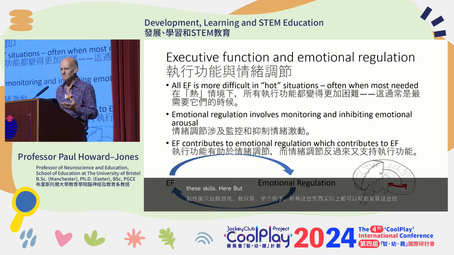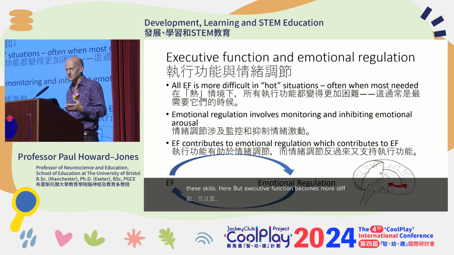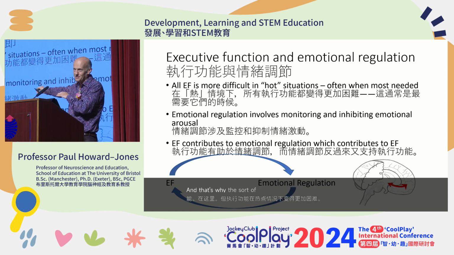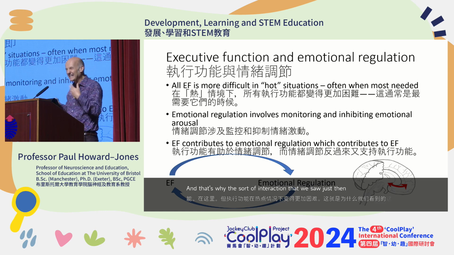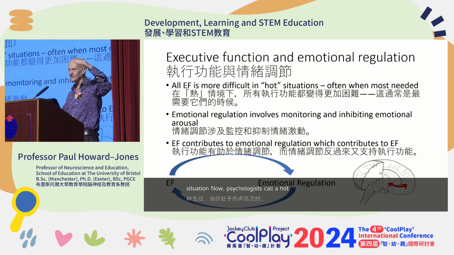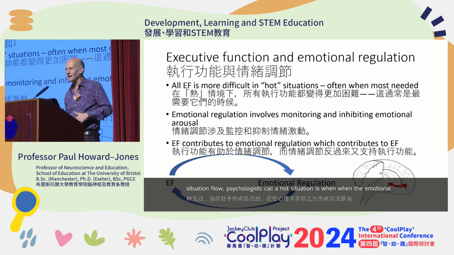But executive function becomes more difficult in hot situations. And that's why the sort of interaction that we saw just then, where you're in a hot situation, matters. Psychologists call a hot situation one where the emotional temperature is high and you're under a bit of pressure and stress.